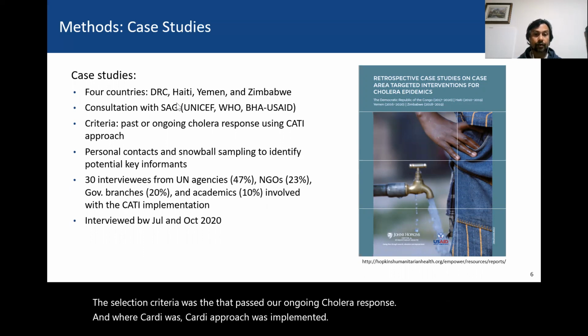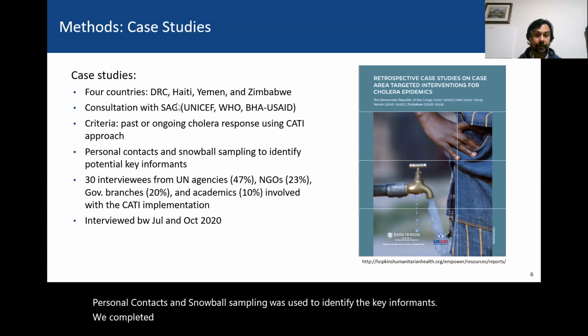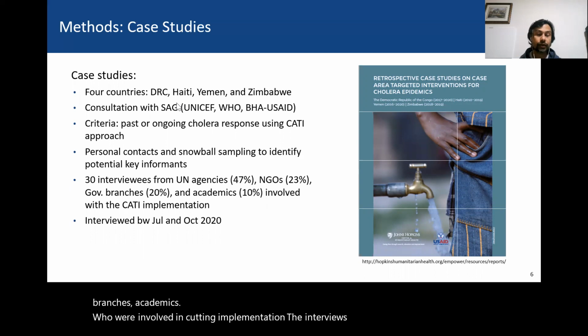Personal contacts and snowball sampling were used to identify the key informants. We completed 30 interviews, including members from UN agencies, NGOs, government branches, and academics who were involved in CATI implementation. The interviews were completed between June and October 2020.